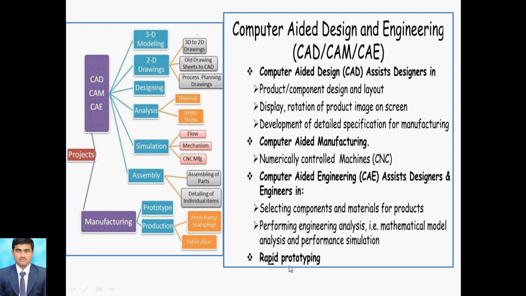The next part is rapid prototyping. As we know, rapid prototyping is where we can formulate the product; that is nothing but 3D printing. So with the help of CAD, CAM, CAE, we can formulate a new product for the market.